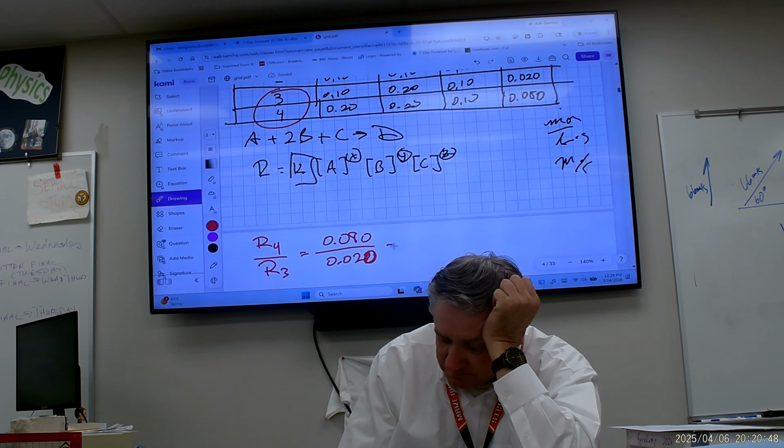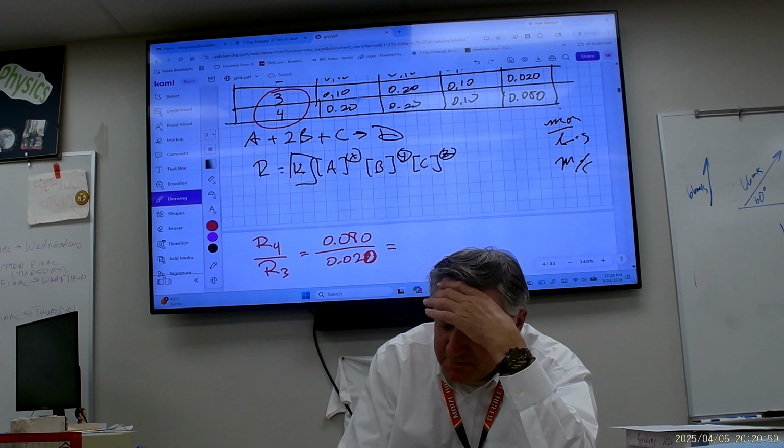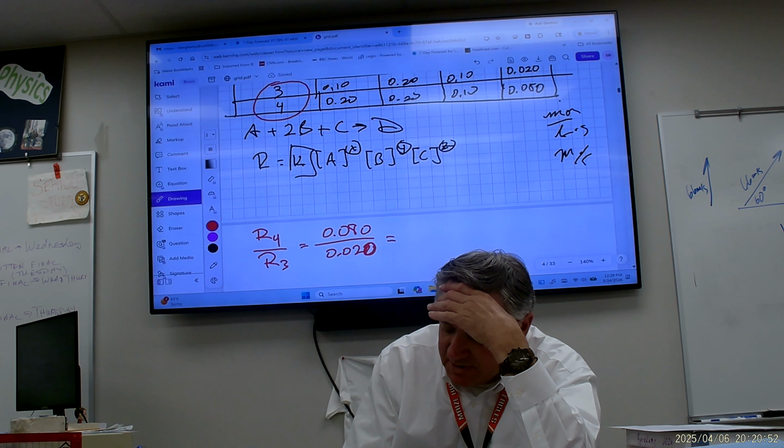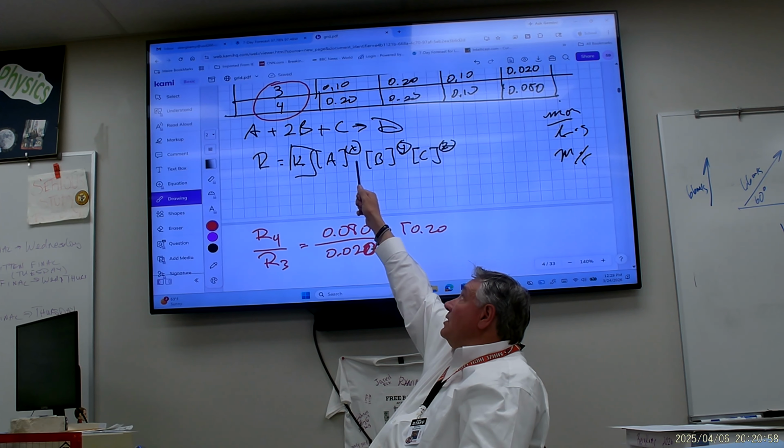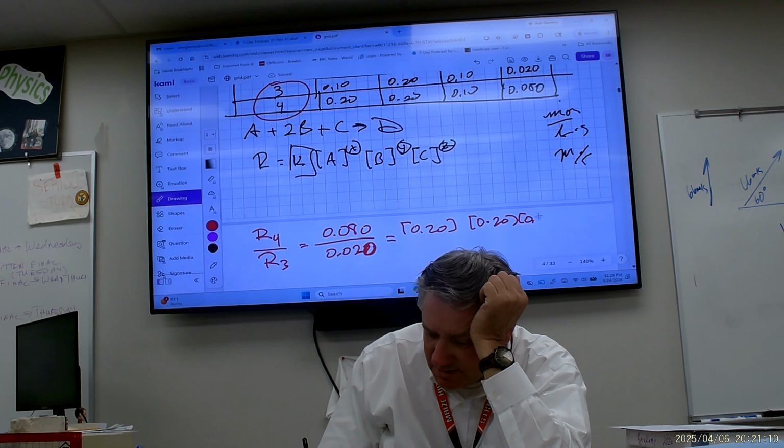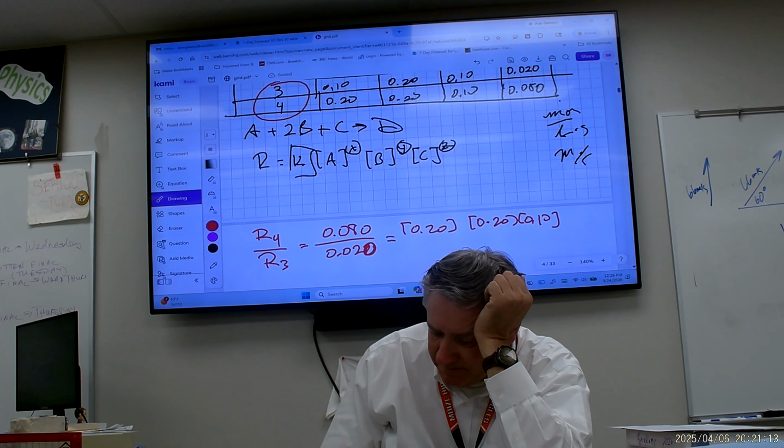Then, I'm going to come in here and put the concentration of A, which is 0.20. That's associated with reaction 4. I didn't just randomly make up the number. That's what that is. And then I've got 0.20, 0.10. Okay?